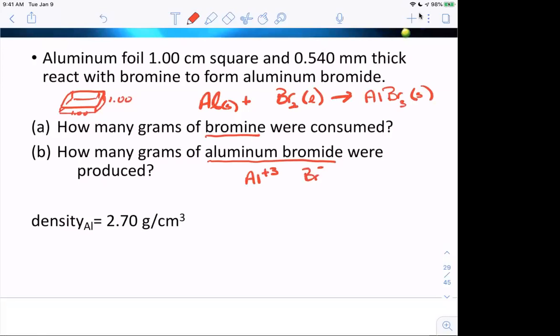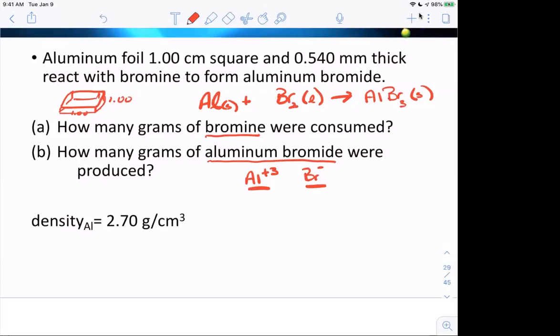You need to know that aluminum is referring to aluminum metal, that bromine is a diatomic molecular element. So when I react with bromine, I'm reacting with Br2. And then the formula for aluminum bromide is going to be AlBr3 based on our nomenclature rules. So that's why you have to constantly think about nomenclature.